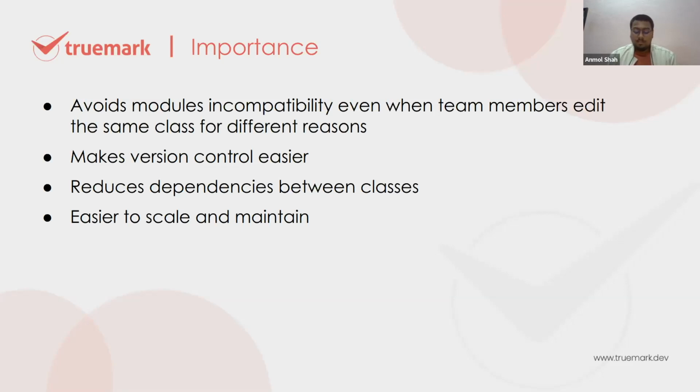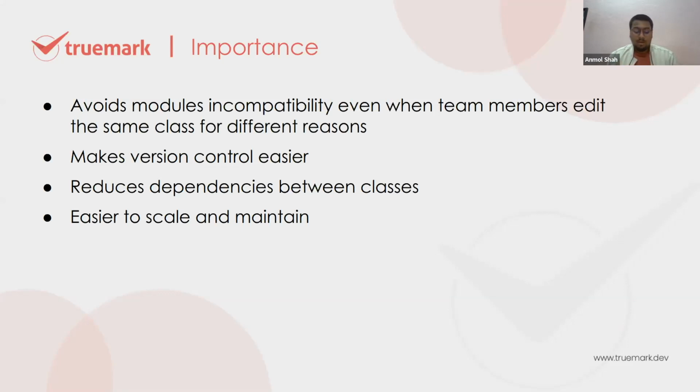But now that our responsibilities have been defined and dissociated, a programmer who tries to change that class is only going to edit it to justify that responsibility. It's not going to be changed for any other thing.